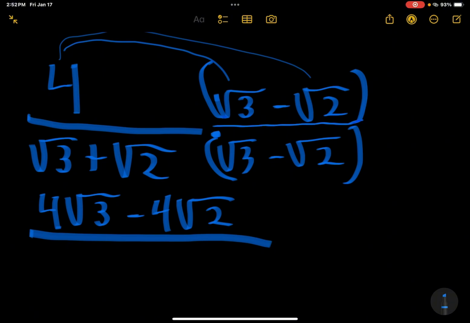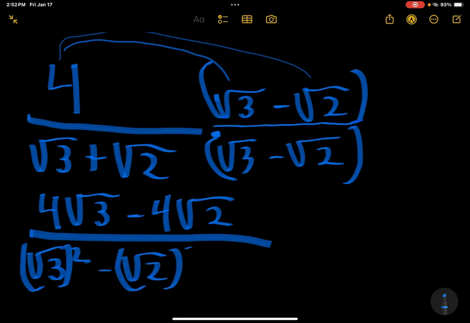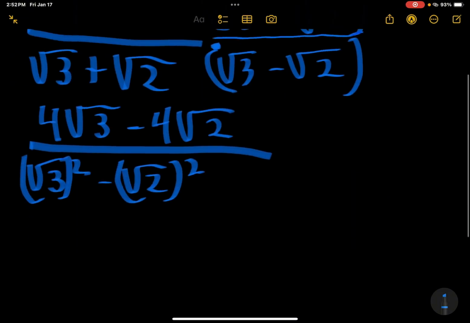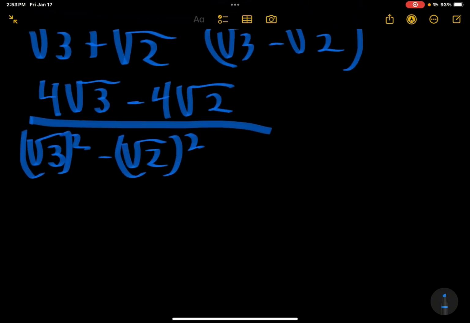So I'm going to go square root 3 squared minus square root 2 squared. And that's going to be equal to 3 minus 2, because when you square it, the square root goes away. 3 minus 2 equals 1.